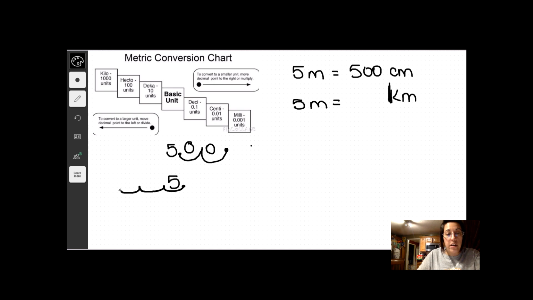And then divide by another 10 to get to kilometers. We fill our holes with zeros and a courtesy 0. So that would be 0.005. That's tenths, hundredths, thousandths. So 5 thousandths of a kilometer.